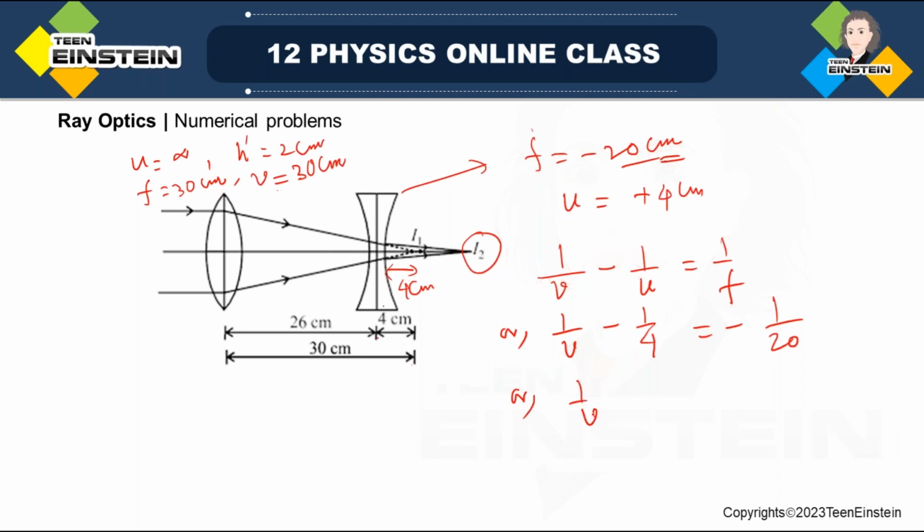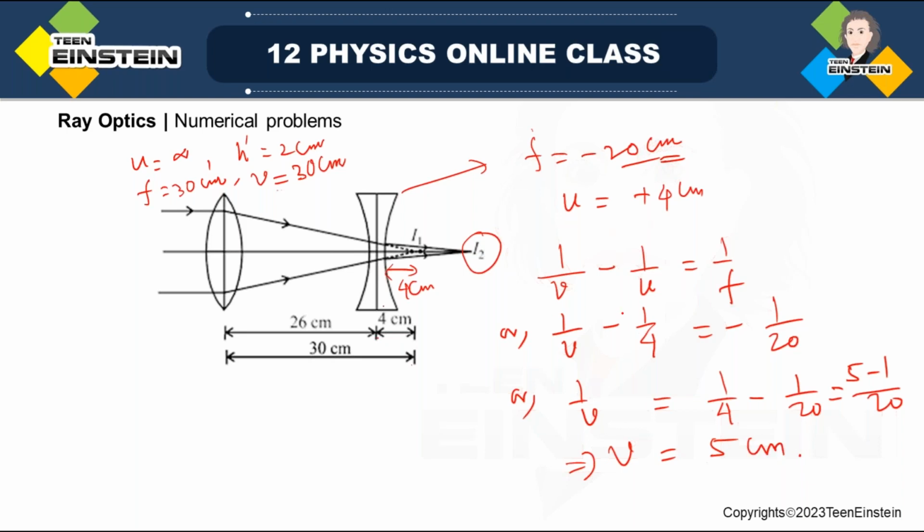So 1 by v is equal to 1 over 4 minus 1 over 20, which is 5 minus 1 over 20, giving v equal to 5 centimeter.